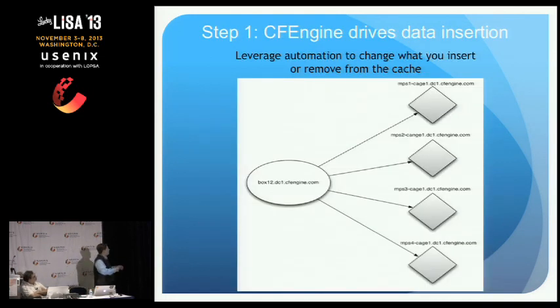So at a very high level, this is what happens during CFEngine execution. A machine realizes that it has 4 CFEngine policy servers, and when CFEngine executes, it takes about 100 objects and inserts them into a Redis cache on each one of our policy servers.